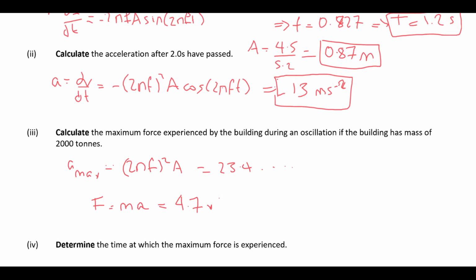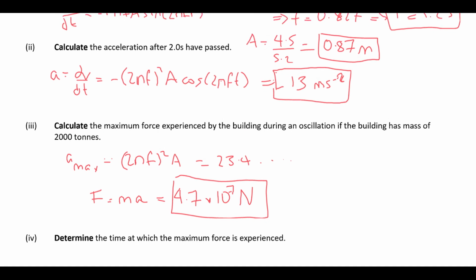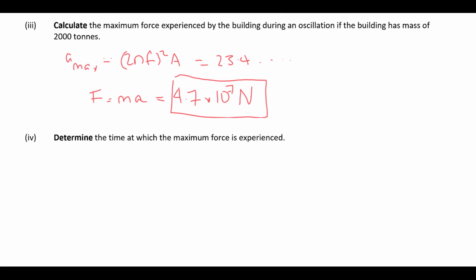So this earthquake has applied a considerable force to the building, and we're going to experience a max when cosine of 2 pi f t is equal to 1, because that's when you get maximum acceleration.